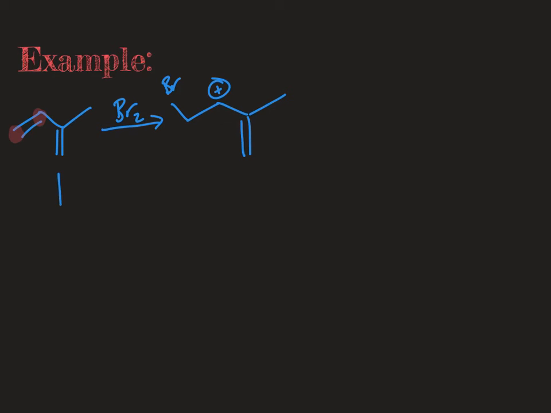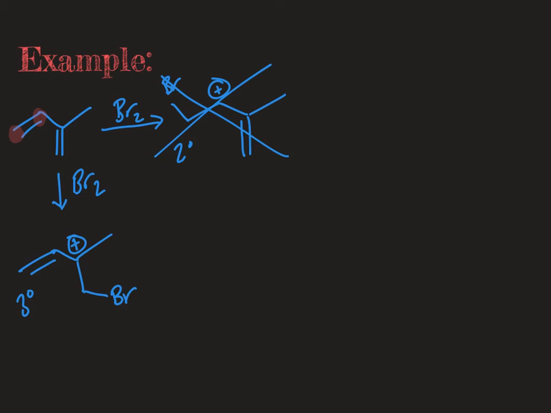The other option, if I look at the other double bond, is if I put the bromine on the end, the carbocation will form here as a tertiary carbocation. So this tertiary is going to be better than the secondary. So the secondary is out, and we're going to follow this tertiary pathway.